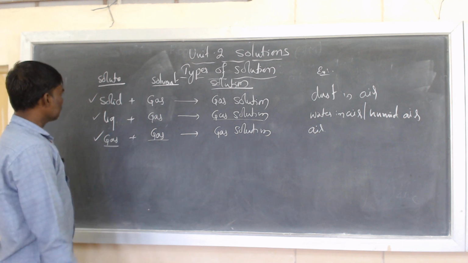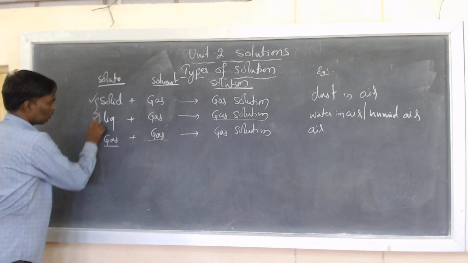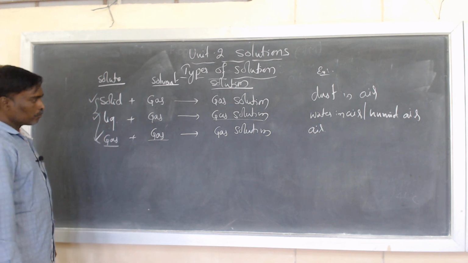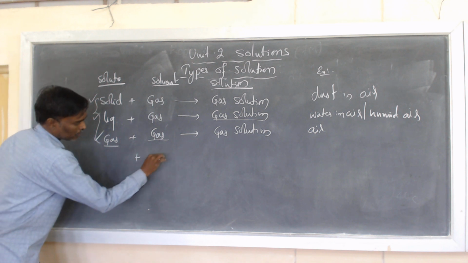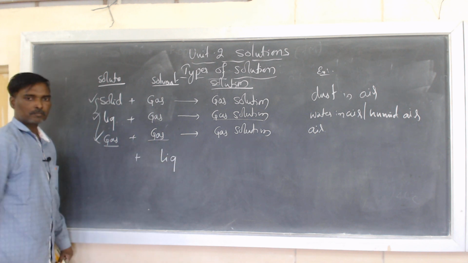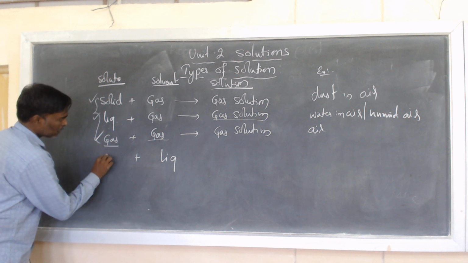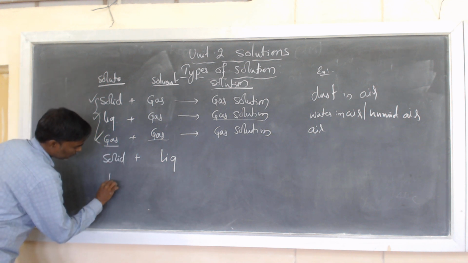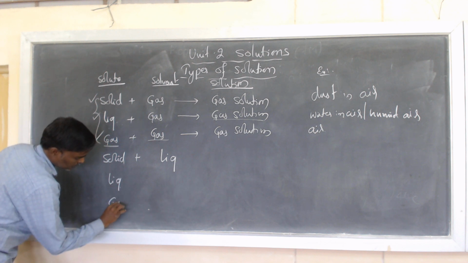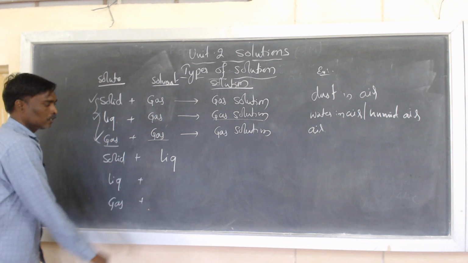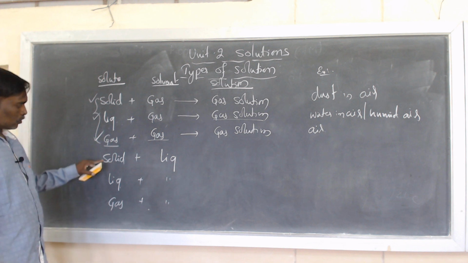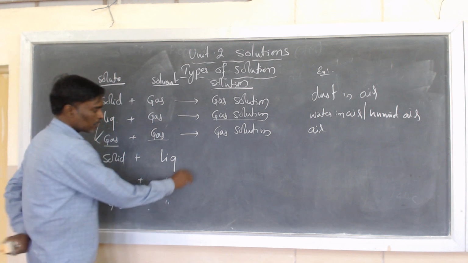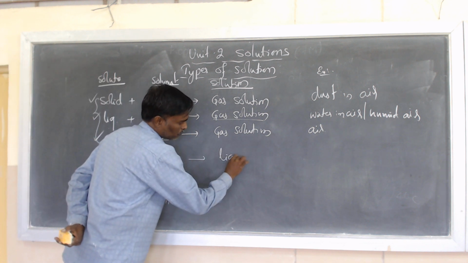Similarly, students, if I talk about liquid solutions, the solvent is a liquid, and the solute may be a solid, or a liquid, or a gas. Solid dissolved in liquid forms a liquid solution.